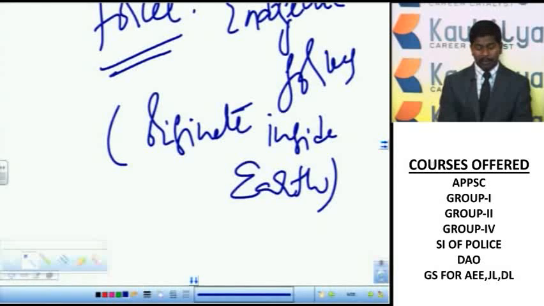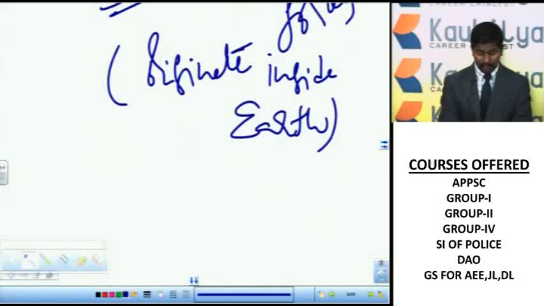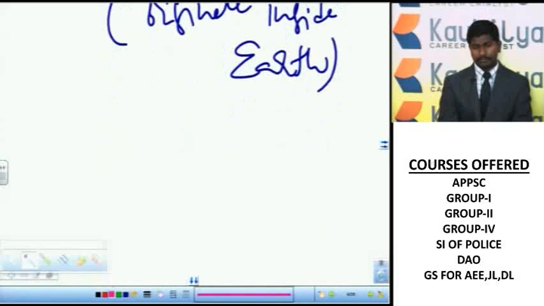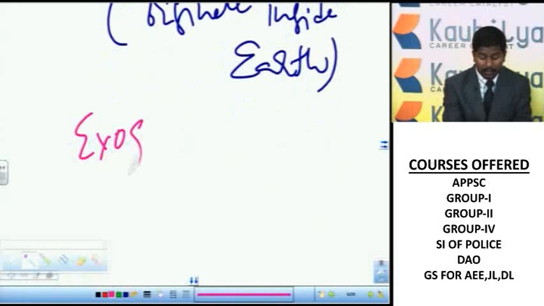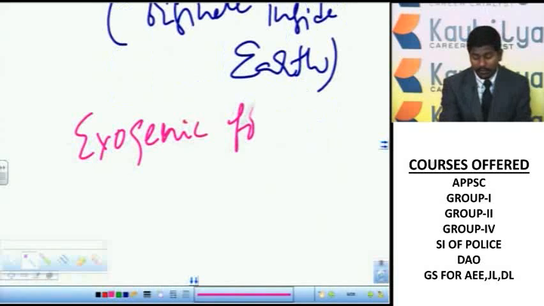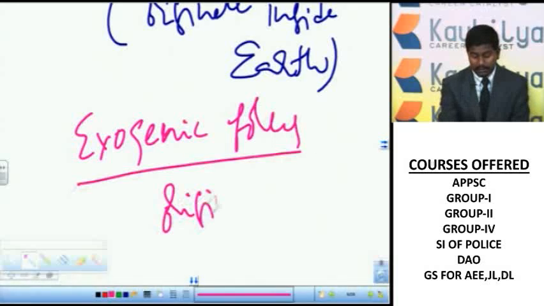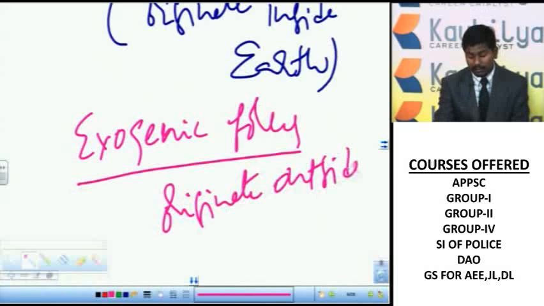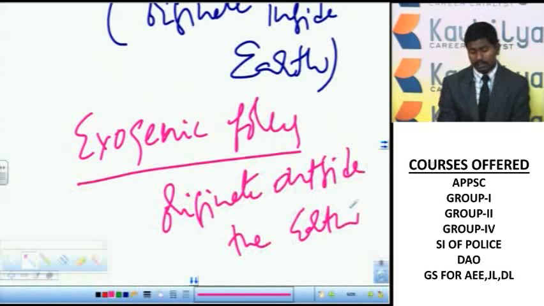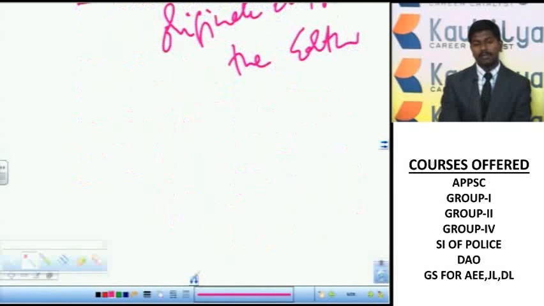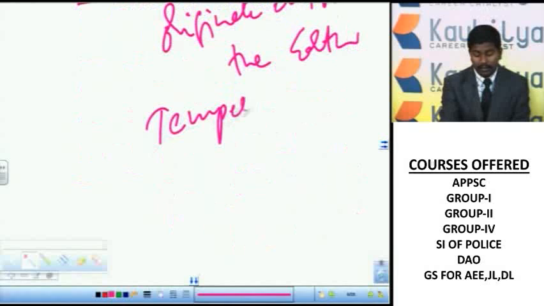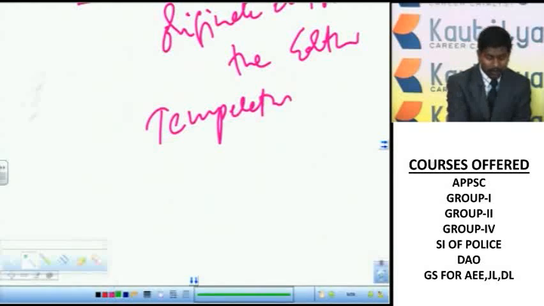Now some of the plateaus and some of the plains are also formed due to exogenic forces. That means the second order landforms are formed due to endogenic and exogenic forces, and exogenic forces are those forces which originate outside the earth. These are mainly due to the sun.